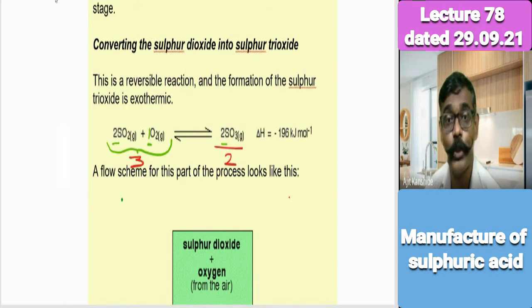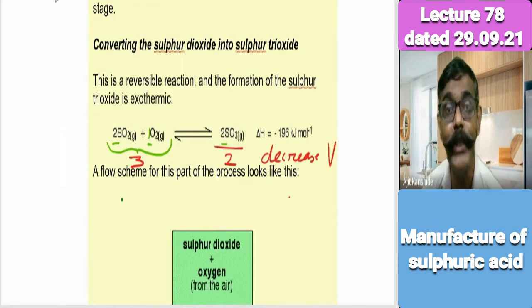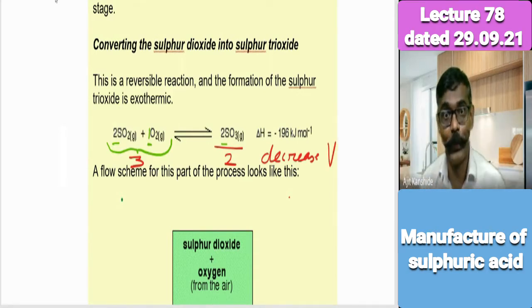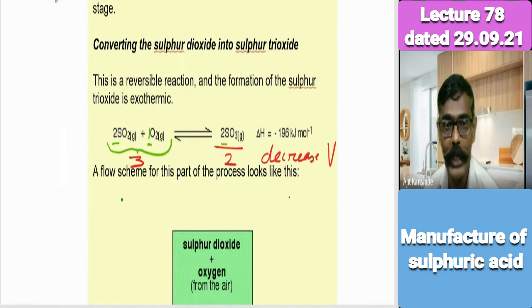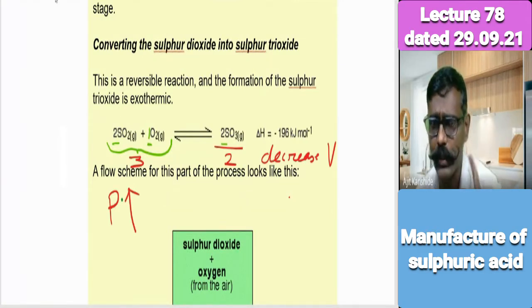Three. On the product side, how many? Two. So there is a decrease in volume, which means pressure is more. So if I have to perform this reaction, my first expectation is that this reaction should be performed at high pressure. First instance, my conclusion. Is it clear? Yes, sir.